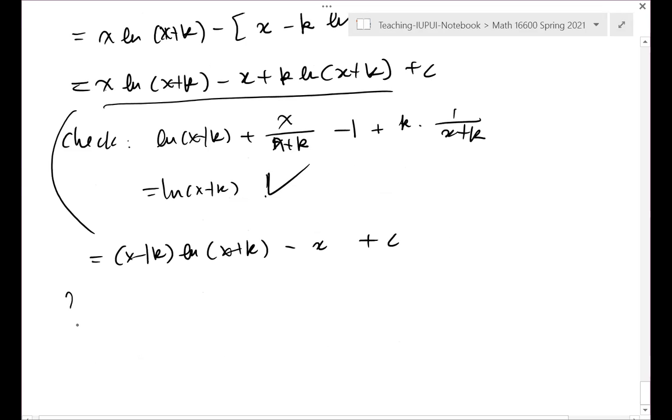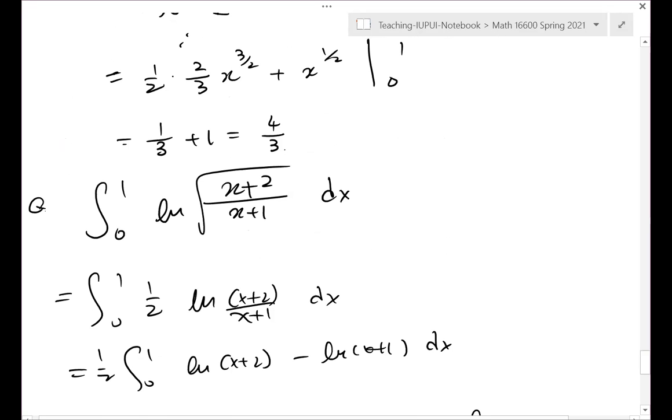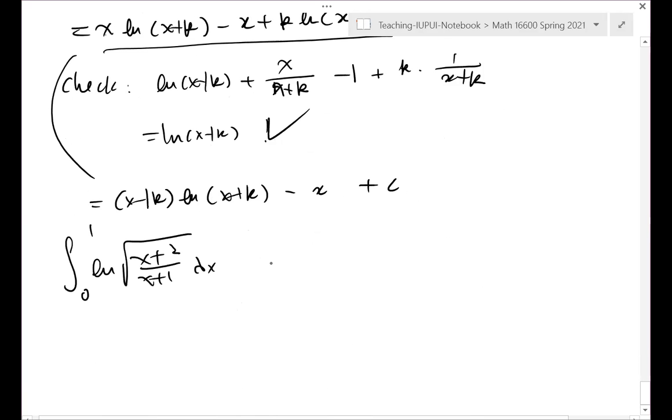Our integral is natural log of, and this is the integral from 0 to 1, I remember. So I find the antiderivative of each of them. Let me put this first.